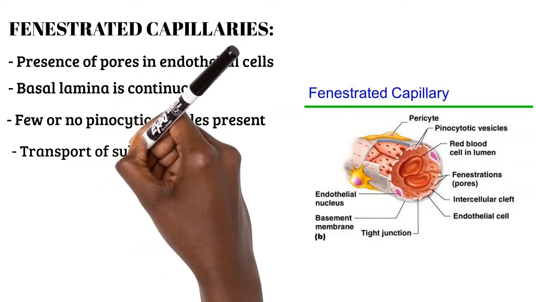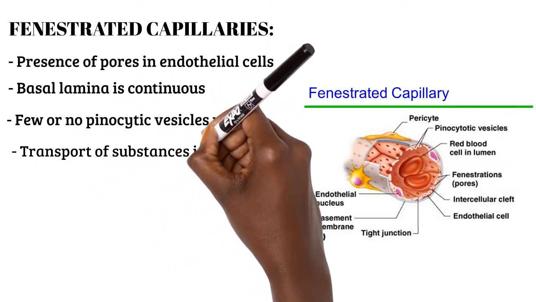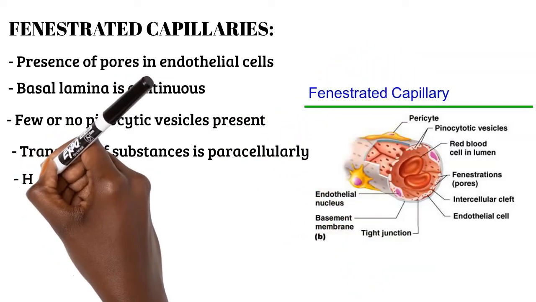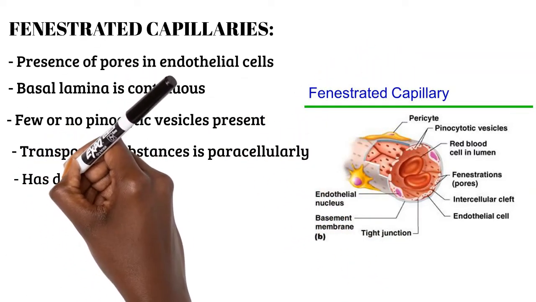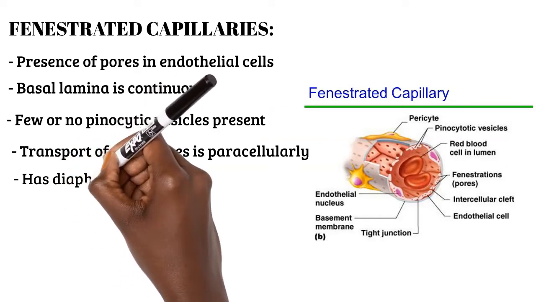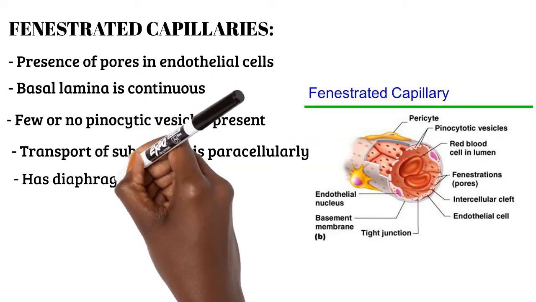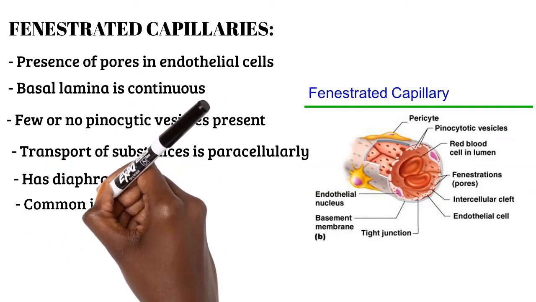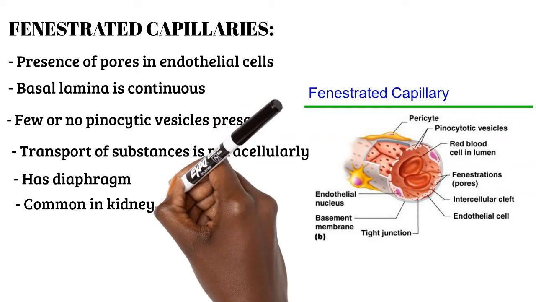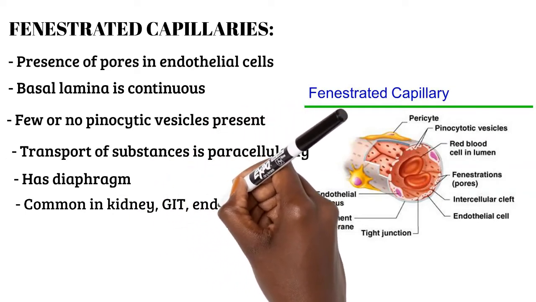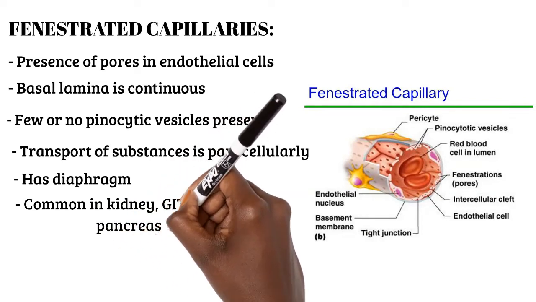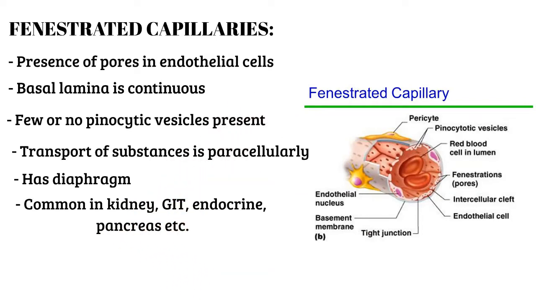Transport of substances is usually paracellularly, that is between the tight junctions or in between the pores. It has a diaphragm. This type of fenestrated capillaries can be found in the kidney, in the GIT, in the endocrine glands, in the pancreas, and so on and so forth.